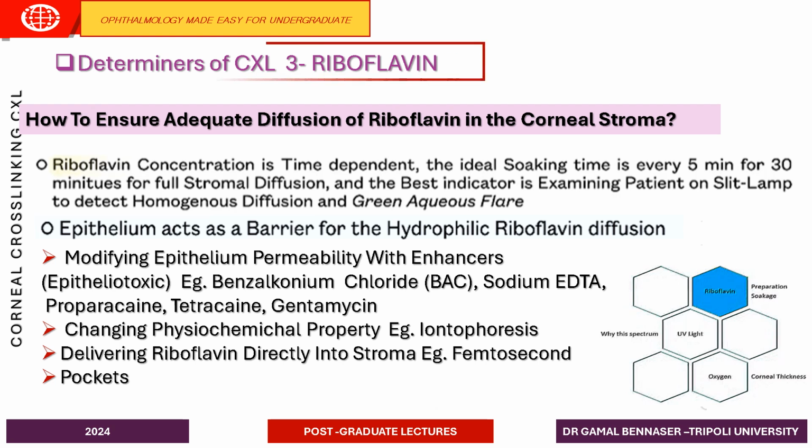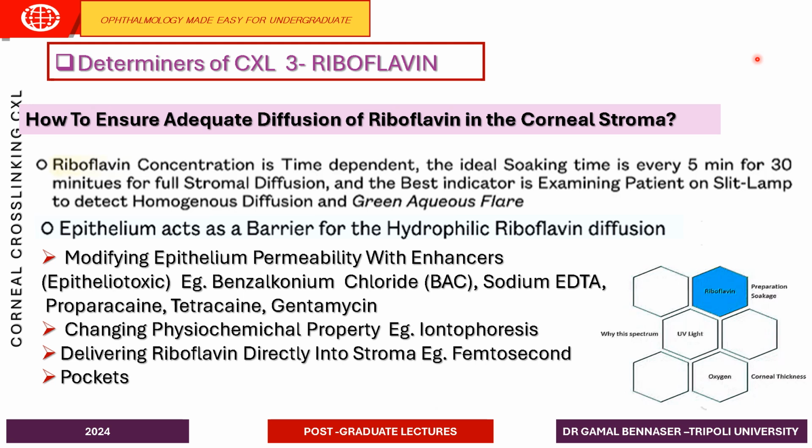Now, after our brief discussion about the riboflavin, we can understand that to have a very good effect for the cross-linking procedure, we need a good concentration of riboflavin inside the cornea. As you know, riboflavin is water soluble, and the epithelium is a major barrier for its diffusion into the cornea.